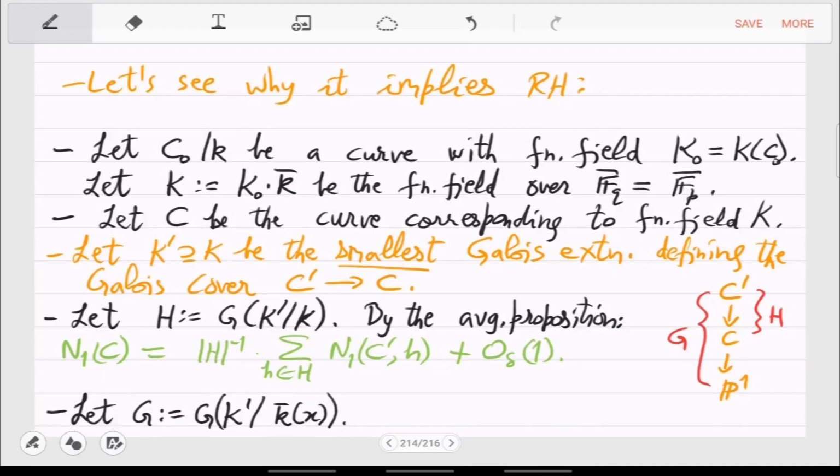The function field big K already has FQ bar constants.